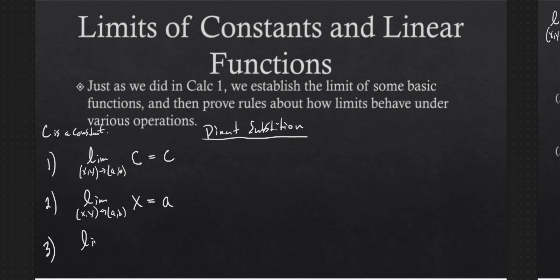And finally, what if we're approaching the same point (a, b), but now working with the function just y? Then we get b out. So the goal is to now take these very basic fundamental rules and combine them. So now we prove rules about how we can combine limits and get a huge class of functions that we now know how to evaluate limits of by direct substitution.